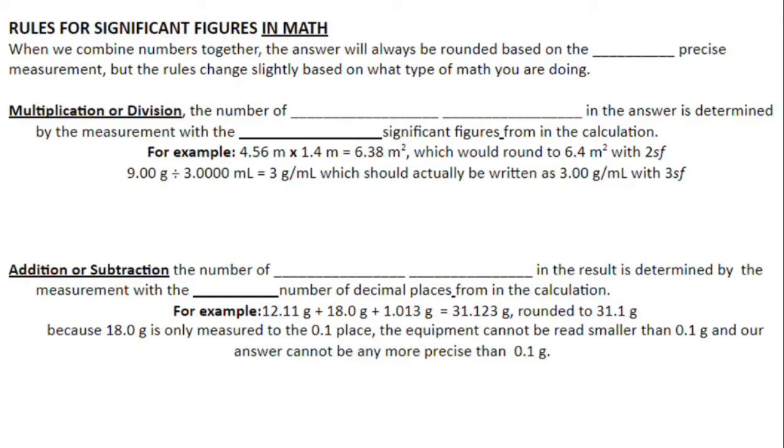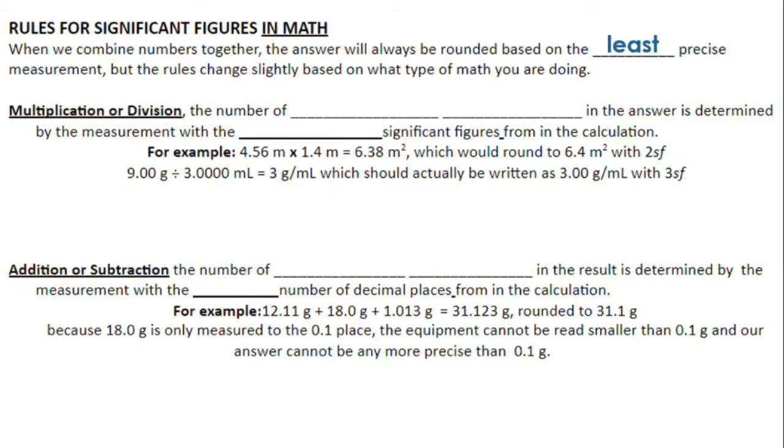Like I was just saying, when we combine numbers together, the answer will always be rounded based on the least precise measurement. But depending on whether we're doing multiplication or division, how we measure that least precise measurement is going to change slightly.